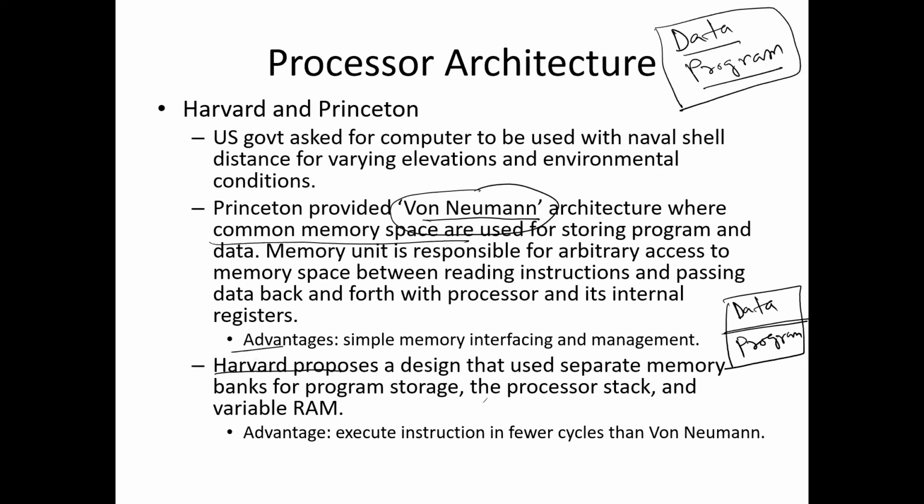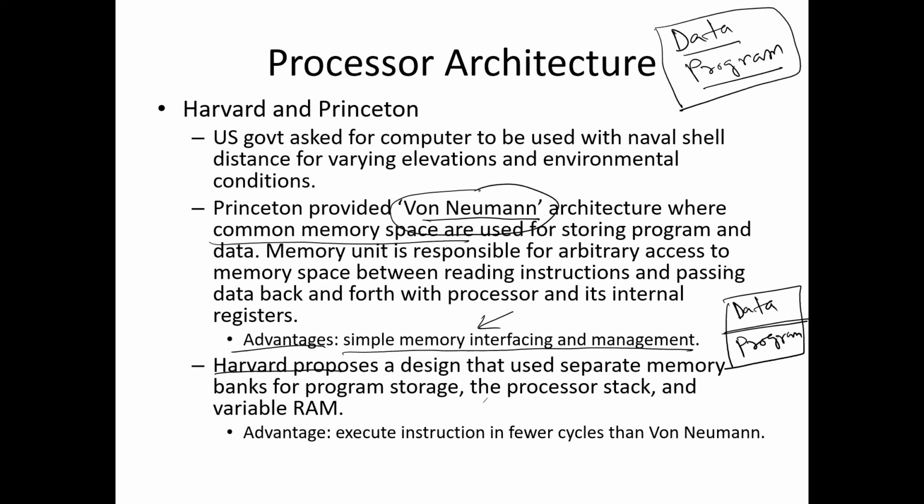So what is the advantage of the one memory architecture? In this architecture, memory interfacing and management is simple. For this reason, it is very simple. But more time is required in this architecture. Why?